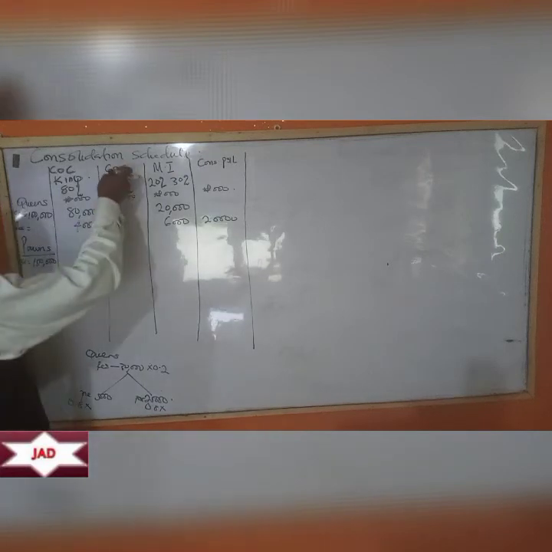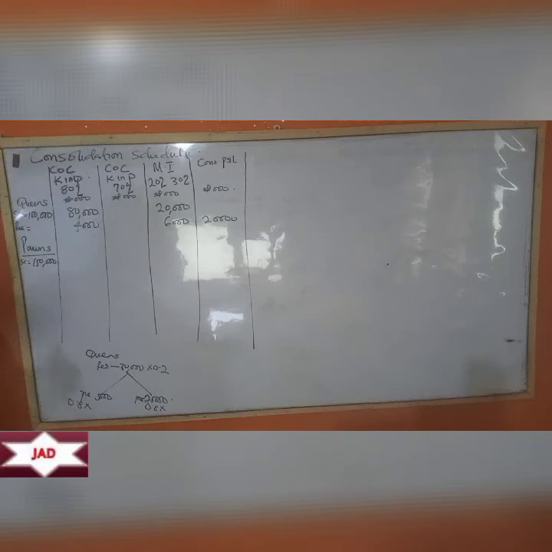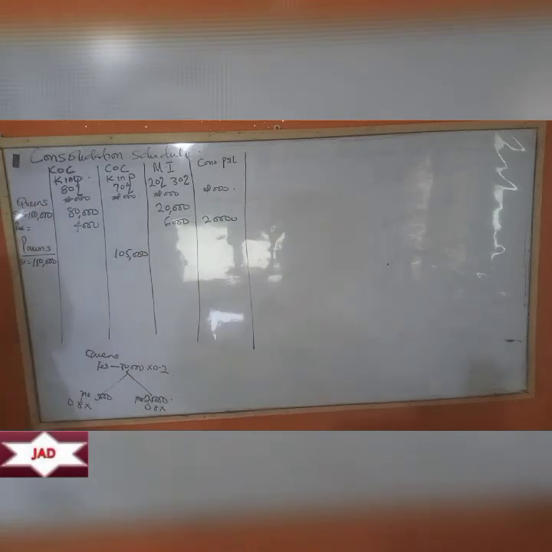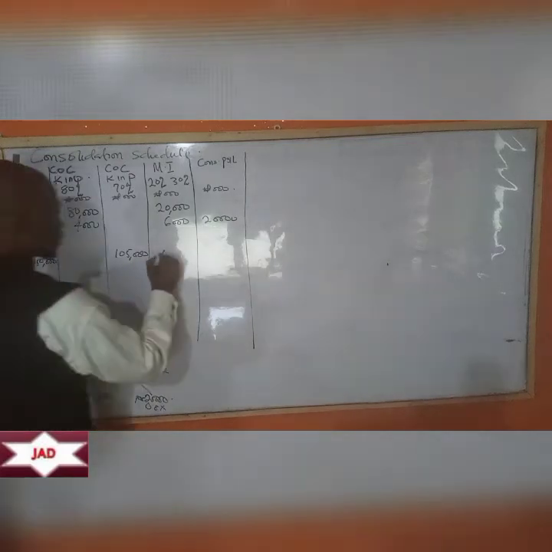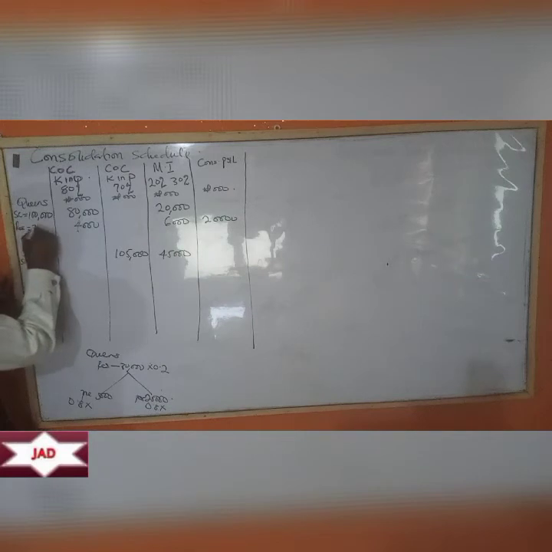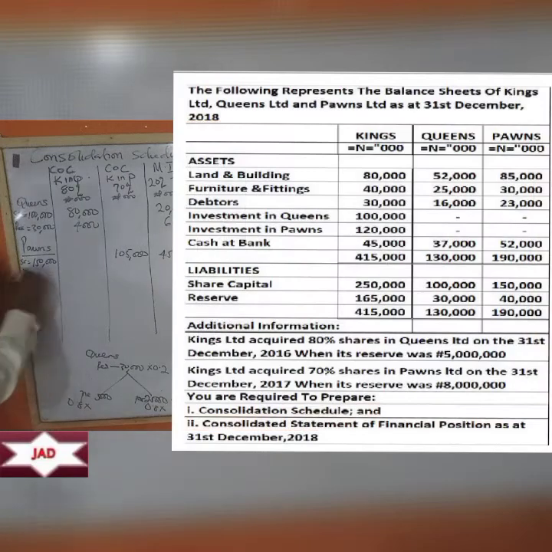We have 70% of this, which is 105,000. 30% is how much? 45,000. So what's our reserve? The reserve here is 40,000.